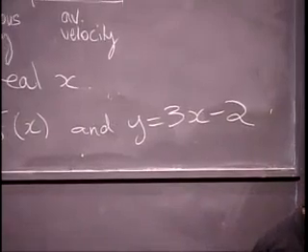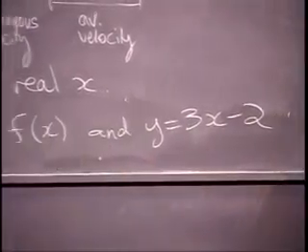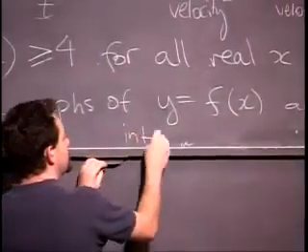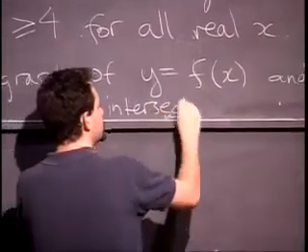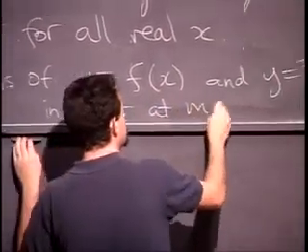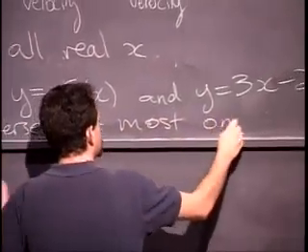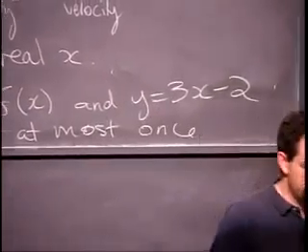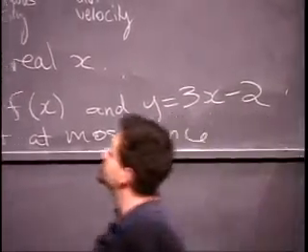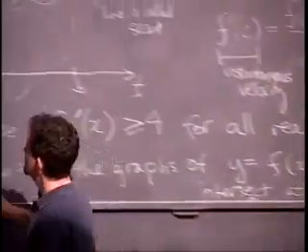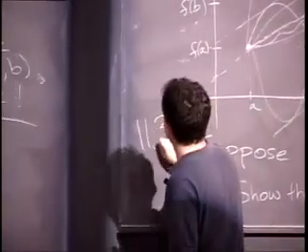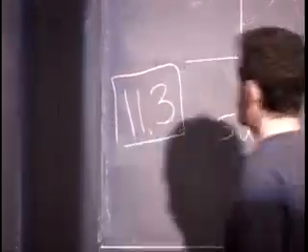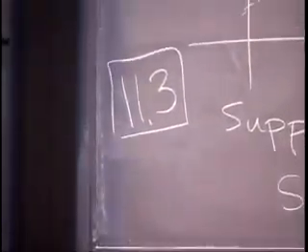It doesn't really matter, but yes. So that the graphs intersect at most once. And this is an example straight out of 11.3. I should have mentioned the whole mean value theorem is section 11.3 in the calculus lifesaver.